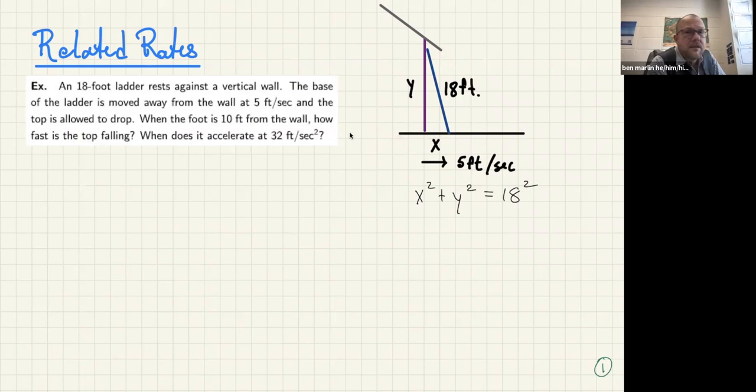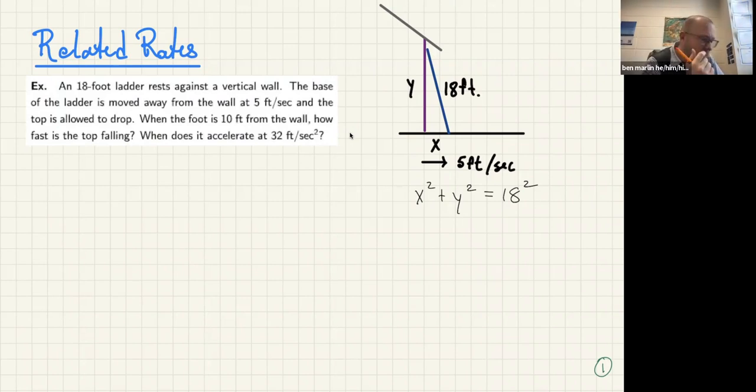Now, what you got to realize with this, with the ladder sliding along there, is that X and Y are both changing. They're not constants. But the length of the ladder is a constant. Hopefully that's not like blowing your mind or anything, but yeah.